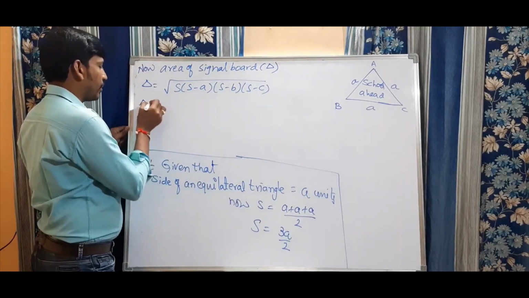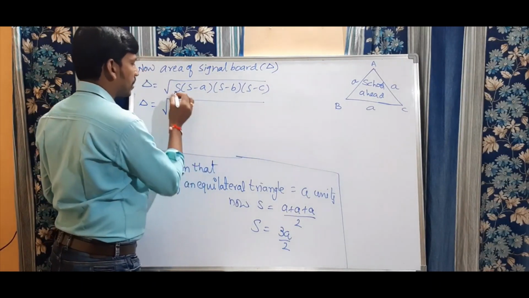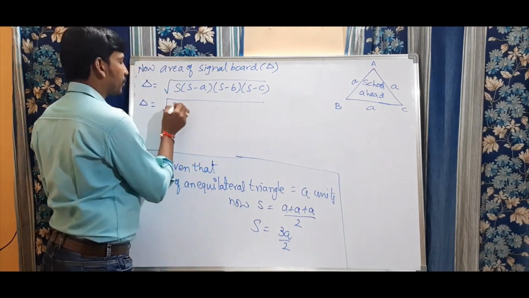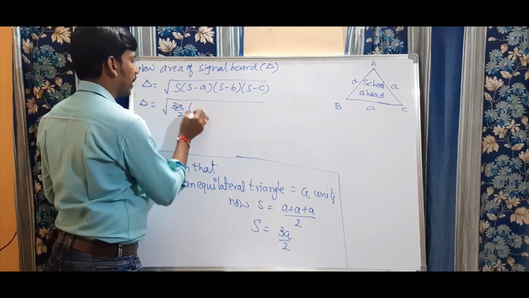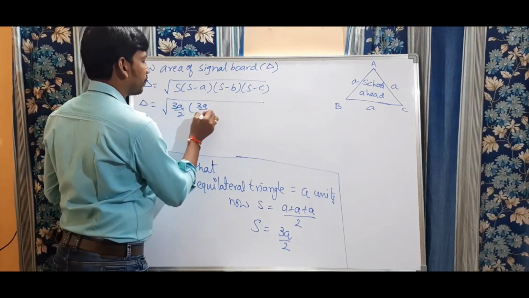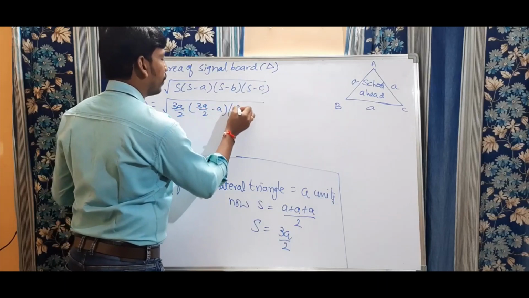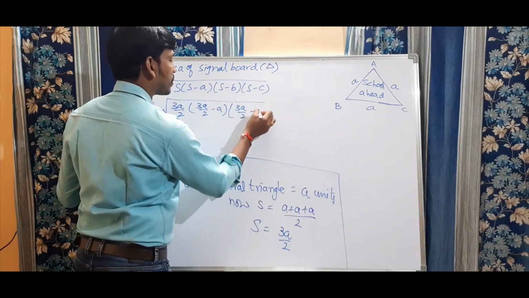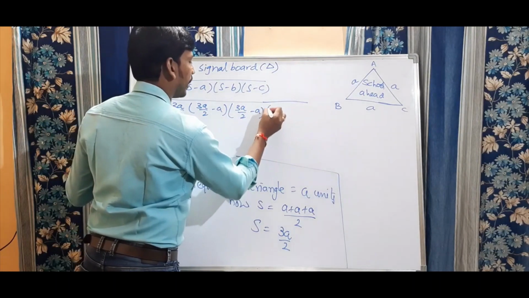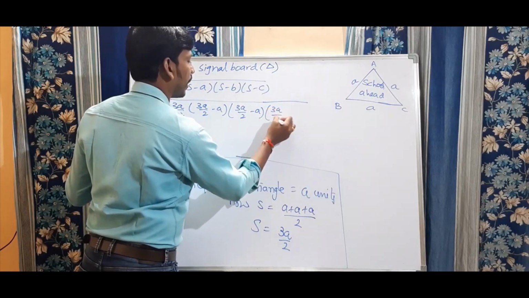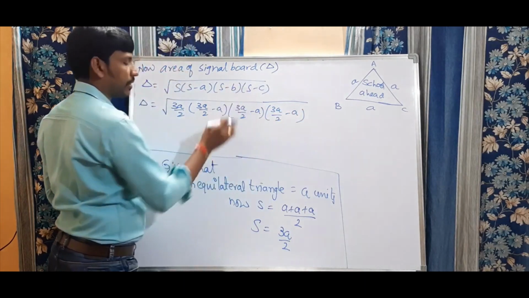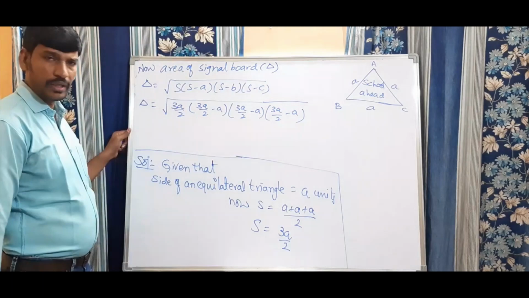Now delta is equal to, substitute the value. What is s equal to? 3a by 2. 3a by 2 into 3a by 2 minus a into 3a by 2 minus a, again 3a by 2 minus a. So I substitute the A, B, C values in this. Is this clear?